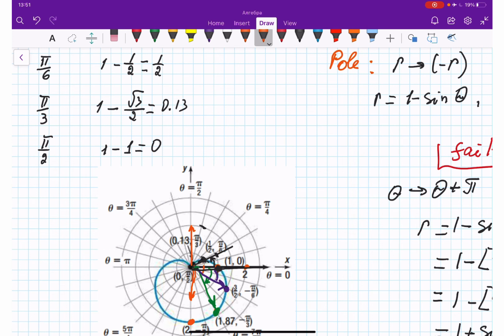Okay, and because we found that it is symmetric when the r is replaced with negative r, so it's going to be symmetric, left side and right side. So this part we draw based on symmetry. This blue one, I'm going over with another blue one so you can see, right? There we go. All right.